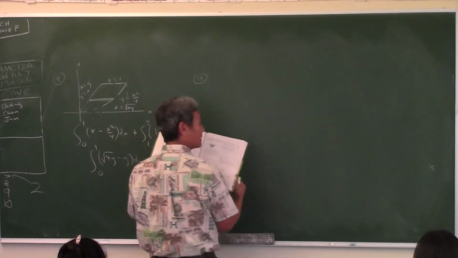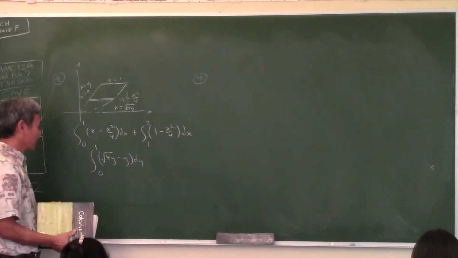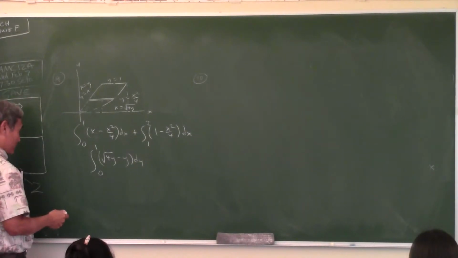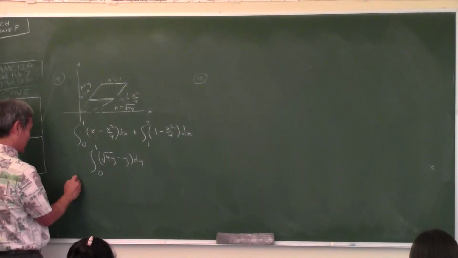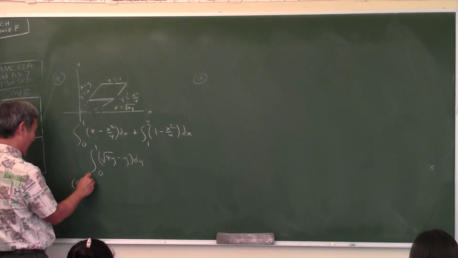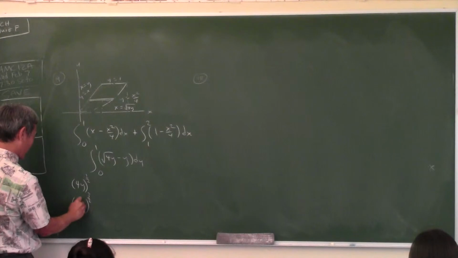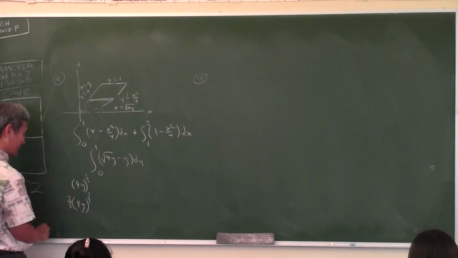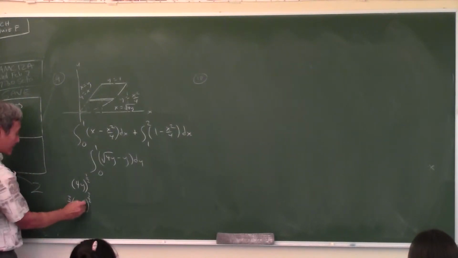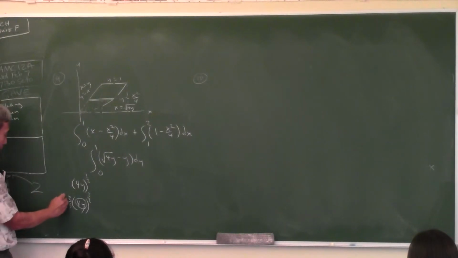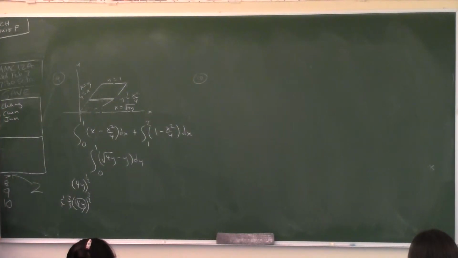Wait, what is the antiderivative of the square root of 4y? Well, there's two things you can do. It's 4y to the half, right? So can I just make the power 1 bigger and put the reciprocal in the front? No, because the derivative of the inside is 4, so you need a 1/4 to cancel that out.